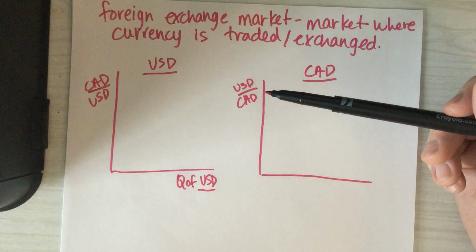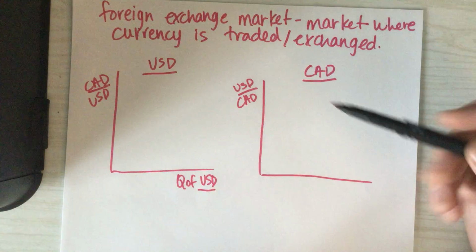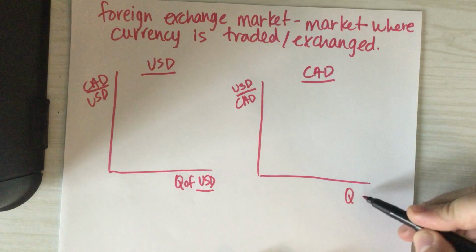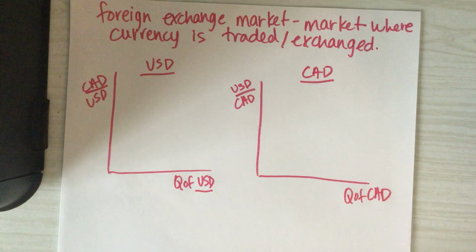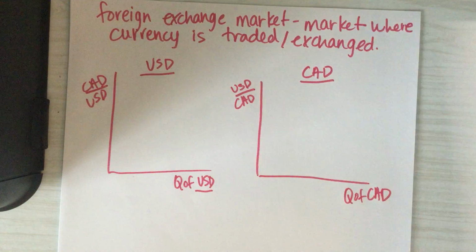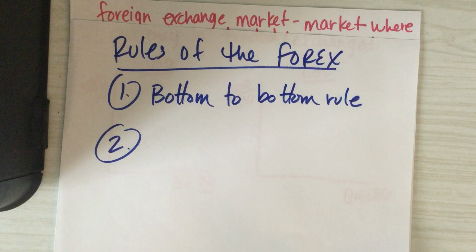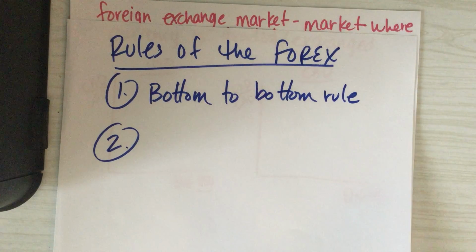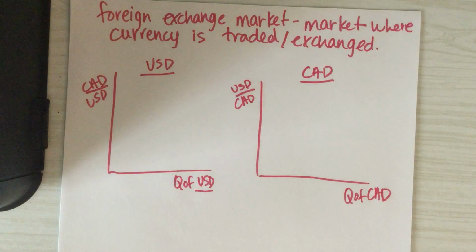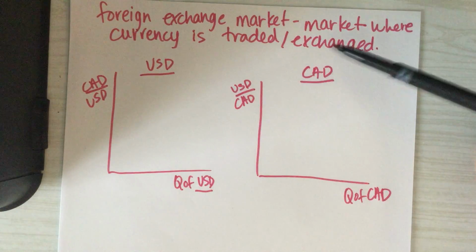Again, it explains on the video the 1-to-1 ratio. And then on the bottom or x-axis, the quantity of the Canadian dollars. So this first rule, the bottom to bottom rule, essentially just helps you to remember where to label each of the axes in terms of the currency that you are illustrating.